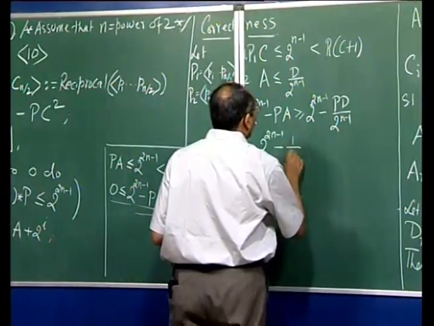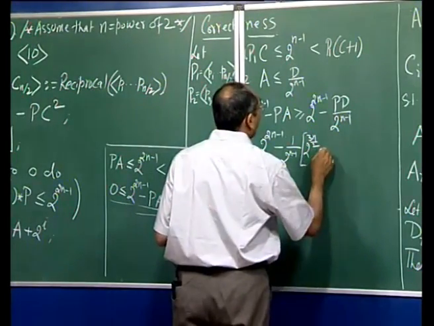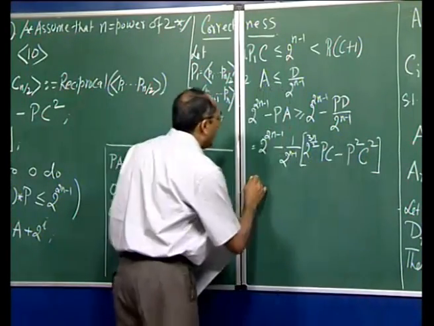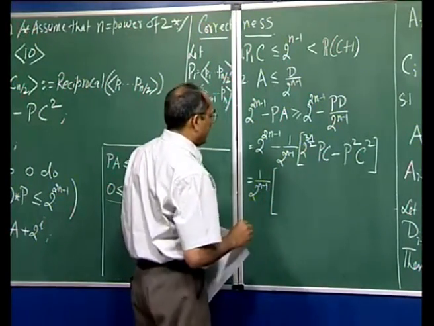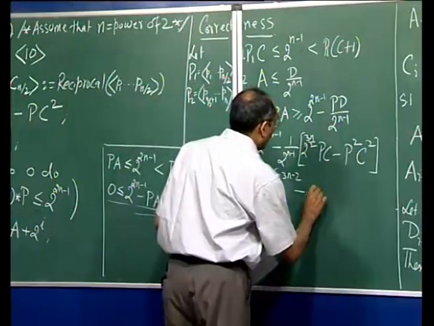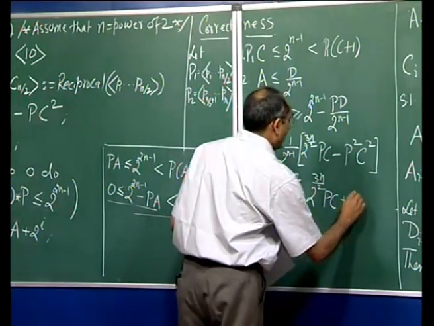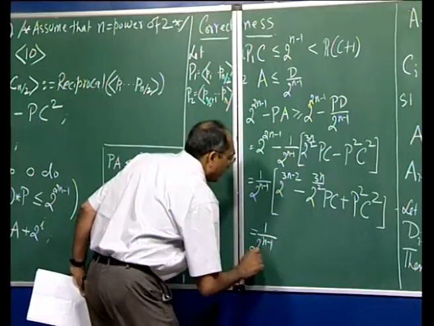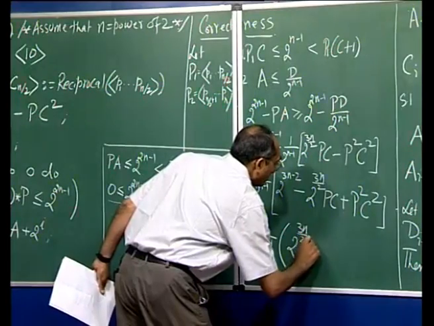So, we have 1 over 2 power n minus 1, and we get 2 power 3n by 2 PC minus P square C square, and this is 1 over 2 power n minus 1, 2 power 3n minus 2, this goes up there, minus 2 power 3n by 2 PC plus P square C square, and that is 1 by 2 power n minus 1, 2 power 3n by 2 minus 1.